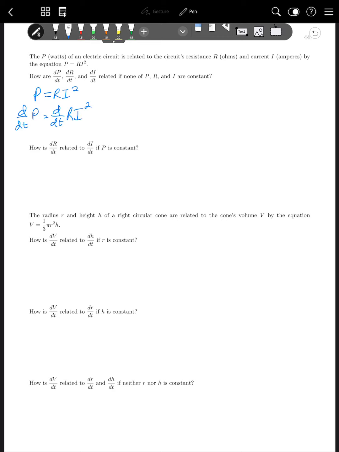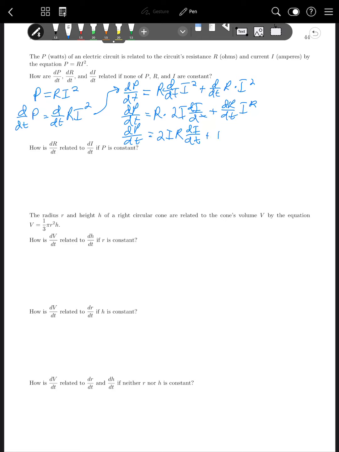So dP/dt equals the derivative of I squared, which is 2I dI/dt, and the derivative of R is dR/dt times I squared. So dP/dt equals 2IR dI/dt plus I squared dR/dt. And then you could solve for any of those as you want.